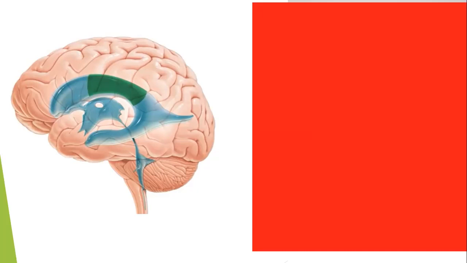Now, in the brain, the way the brain is structured, right in the middle, on your left side, we have one major hollow space, which is called a ventricle. Then on the right side, we have a second hollow space, which is also a ventricle.